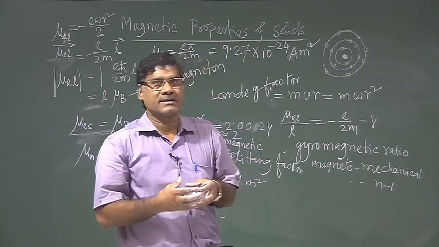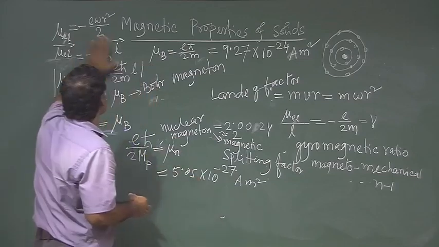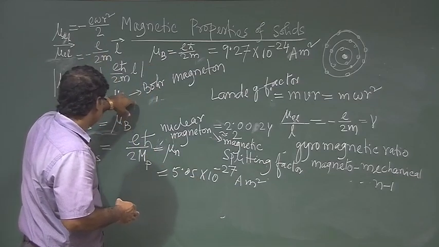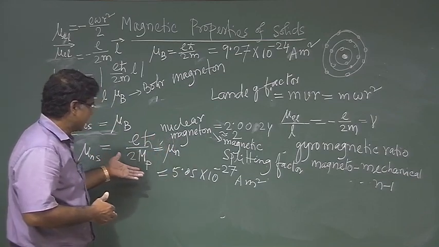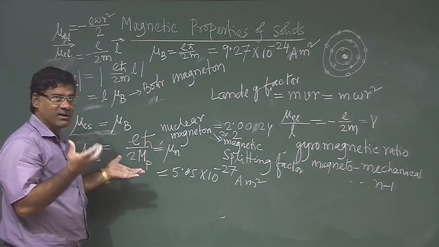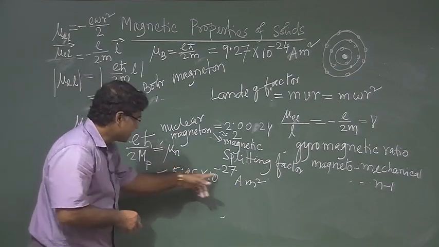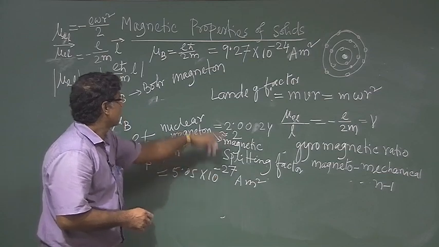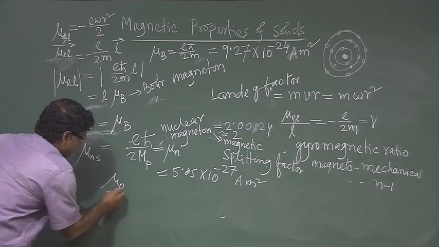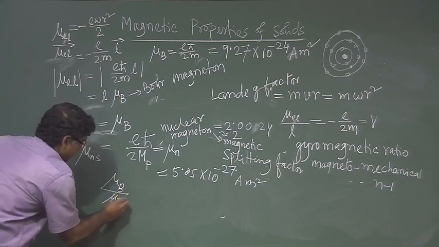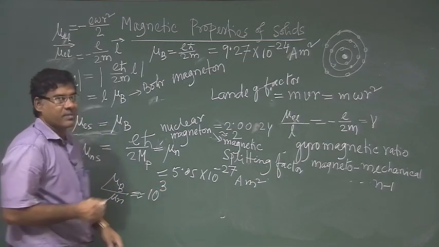So, an atom has a nucleus and electrons. Electrons have two contributions, orbital and spin. The nuclear magnetic moment is due to the spinning motion of the nucleus or nucleons. So it will contribute, and this contribution is mu n, compared with mu B. More or less this factor is 1000.